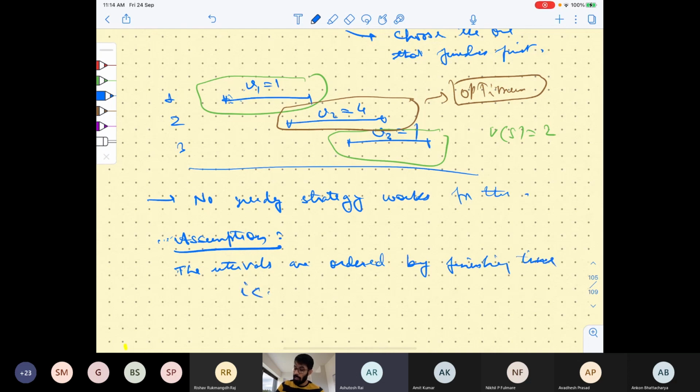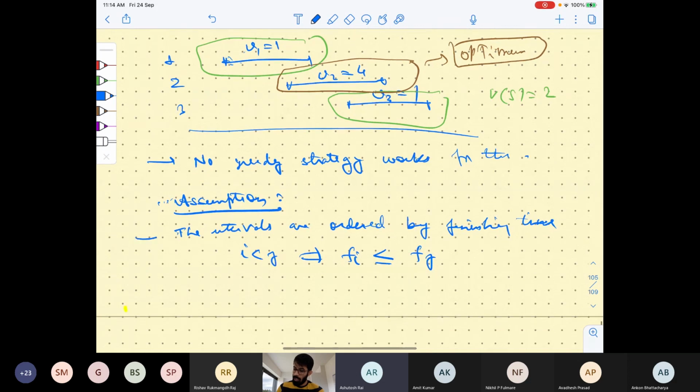That is, if i is less than j, it implies fi is less than or equal to fj. And we can assume that all the finishing times and starting times are different. That should not be a problem. So this is one assumption that we have already given the ordered set. Otherwise, we can just order it.